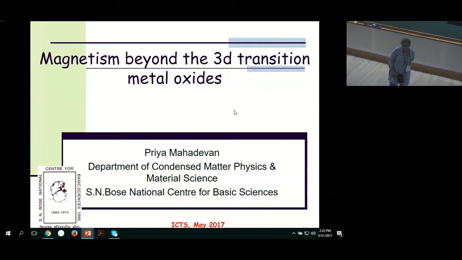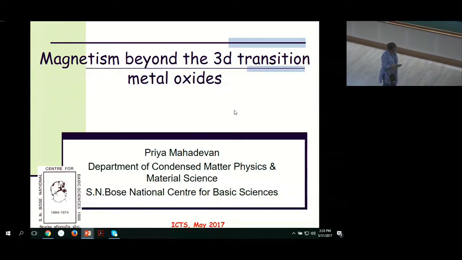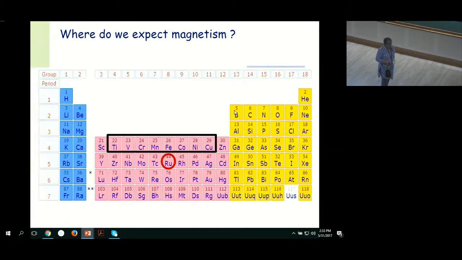And thank you. So now what I'm going to talk about is some work which we've been doing over the past few years to understand magnetism beyond the 3D transition metal oxides. When you examine the various examples of magnetism that one finds, usually you have magnetism among the 3D transition metal elements and the compounds which they form.